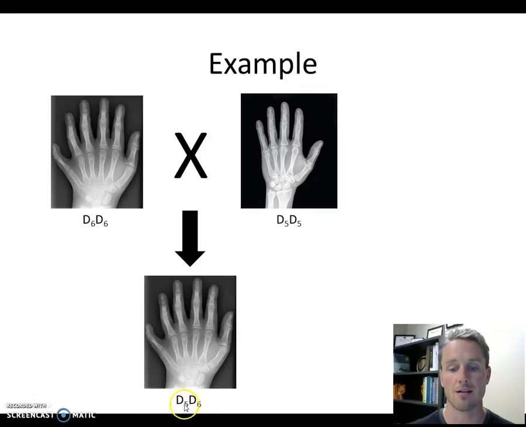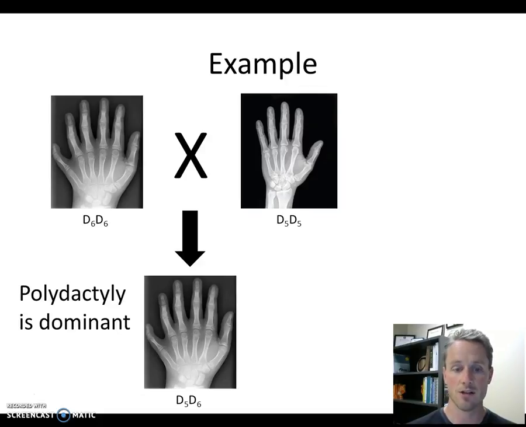So we'll have a mix. We have a heterozygous individual. Then all we have to do is look at the individual. This individual has 6 digits. So we've learned that in a heterozygote, they have 6 digits. That tells me that having 6 digits is dominant. So we just learned polydactyly is dominant.